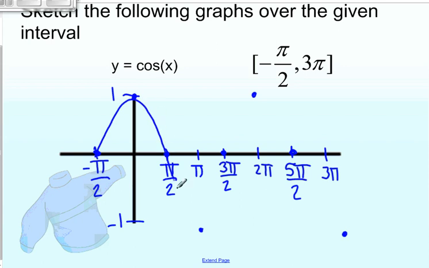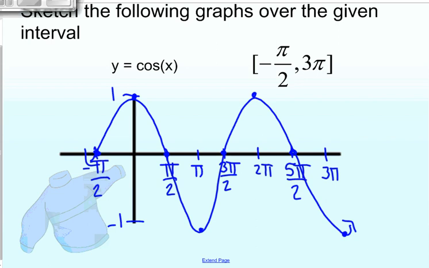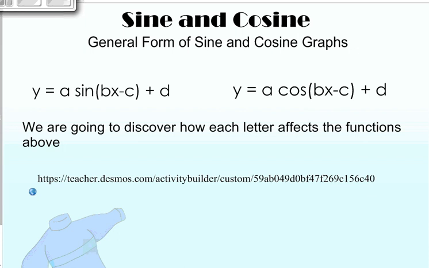Again, it follows the same general pattern, and that pattern is not going to change. So if it's going up, it's going to start to go down. All right, so here we've got the general form of these. Those were just using sine and cosine without any transformations.